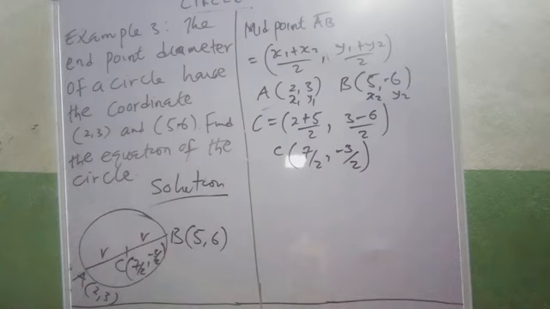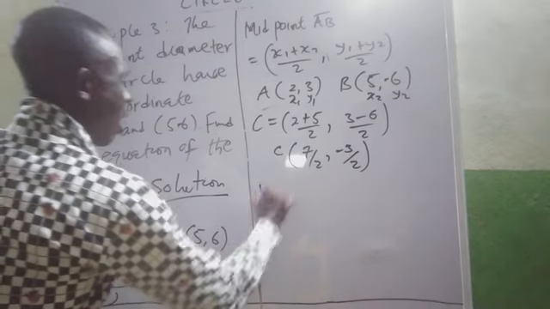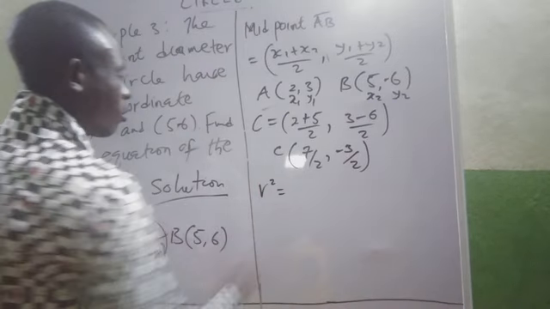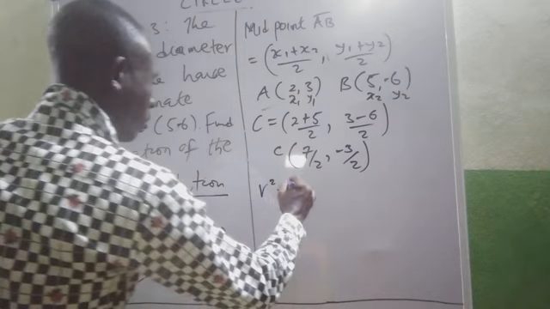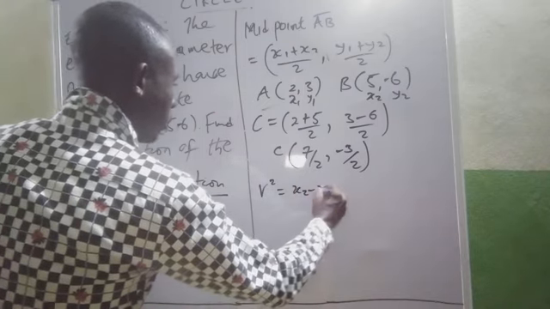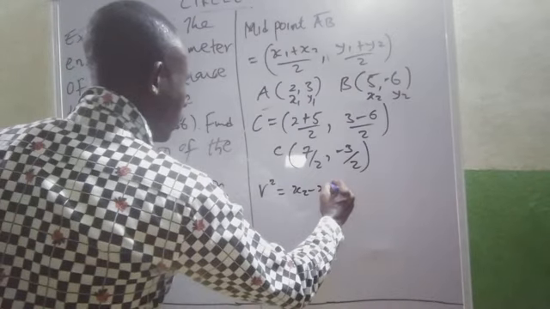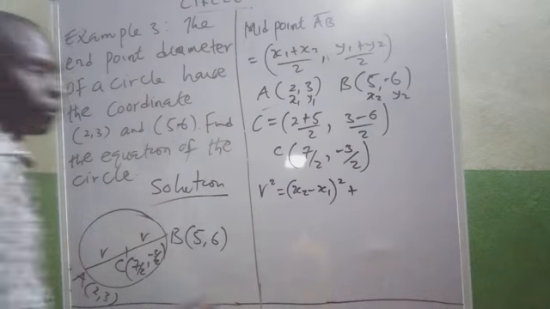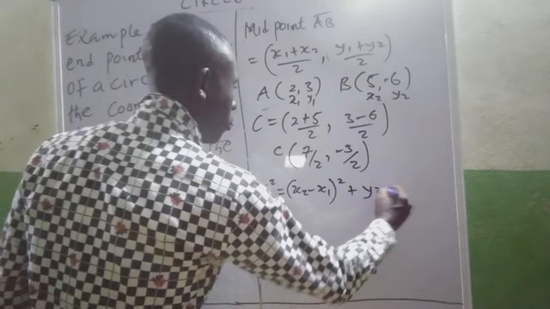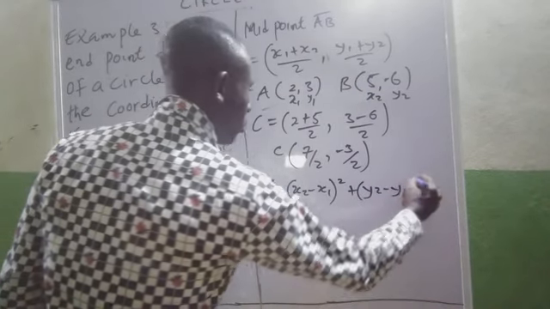So if I'm to find the distance between 2 points, we have r, our distance, squared is equal to x2 minus x1 all squared plus y2 minus y1 all squared.